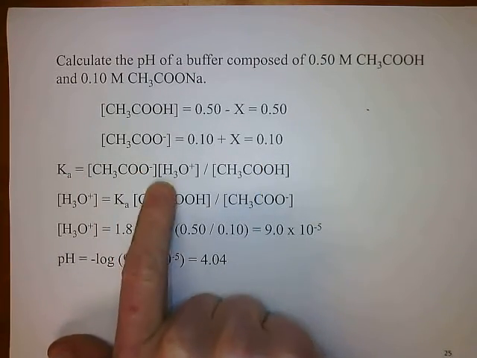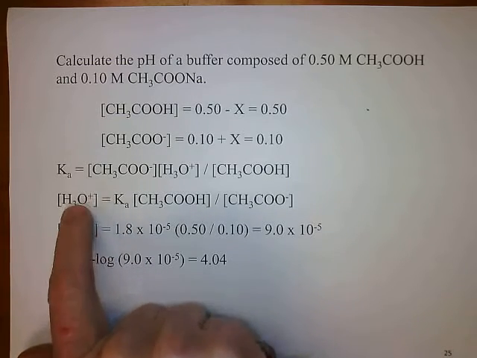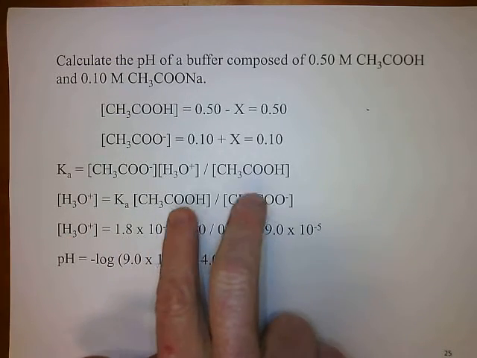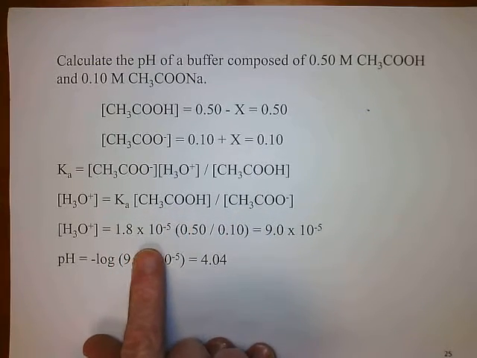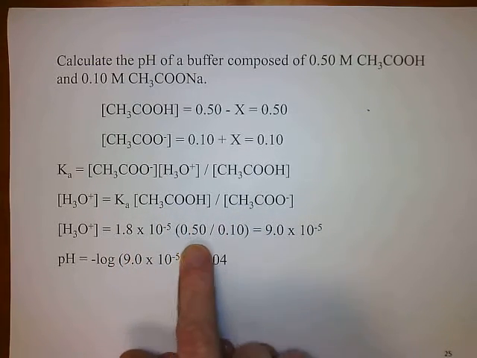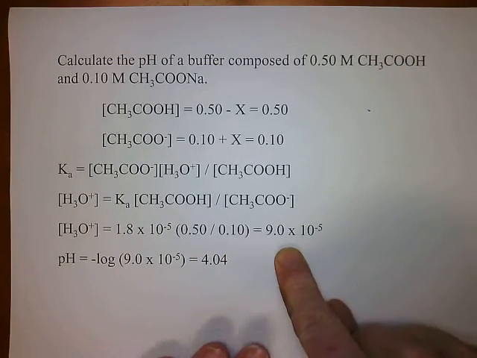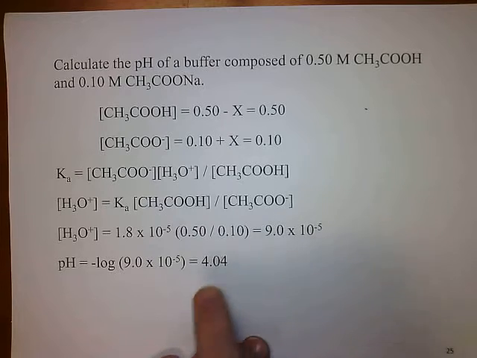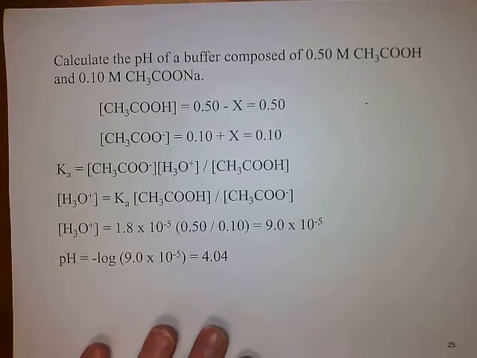The hydronium concentration is equal to the Ka times the ratio of the acid to base. So 1.8 times 10 to the minus fifth times 0.5 over 0.1 is equal to 9.0 times 10 to the minus fifth. You take the negative log of that and you get 4.04. So now the pH is lower than 4.74.